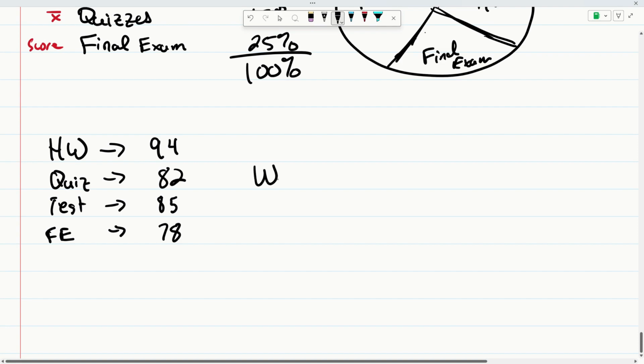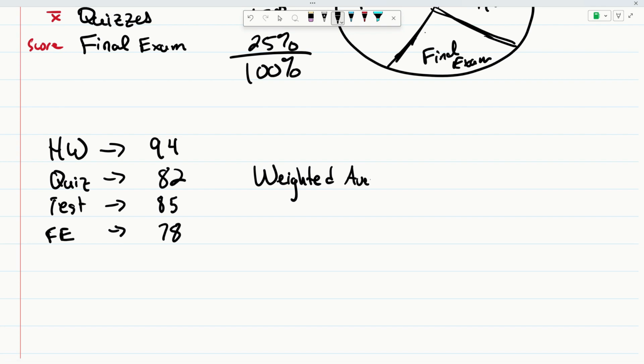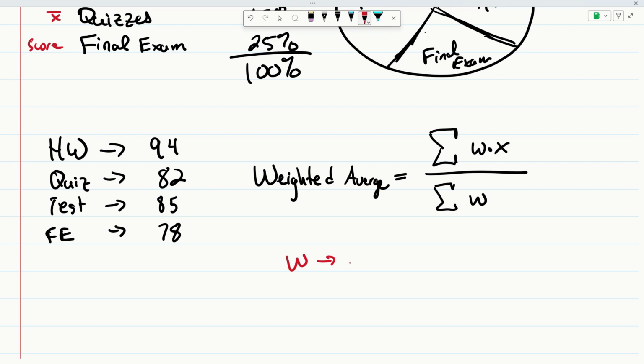So how would I calculate my grade? Well, the weighted average is equal to the sum of the weight times x, all divided by the sum of the weights. W would be the weight of each category.